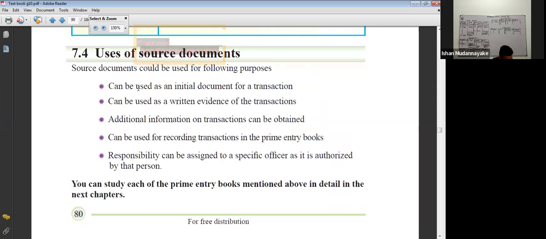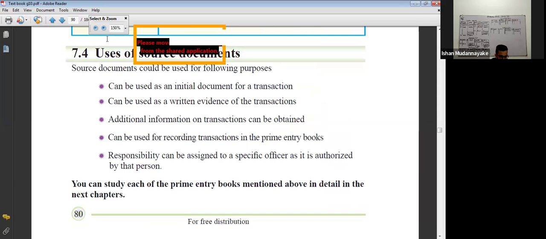Uses of source documents: can be used as an initial document for a transaction. After a transaction occurs, the second step is the preparation of the source document. So the source document is the initial document of a transaction.